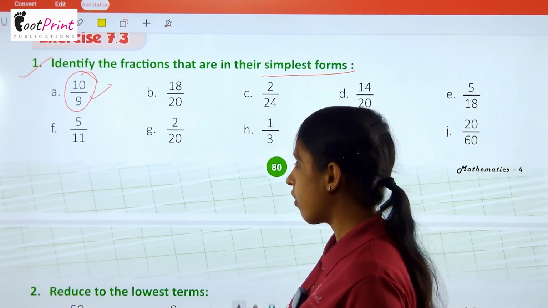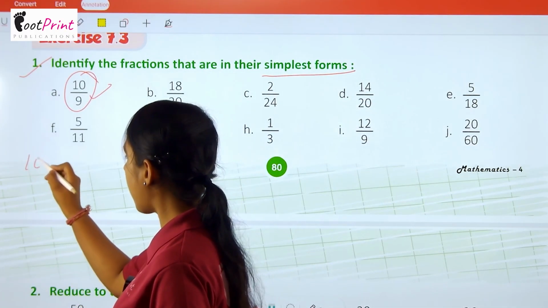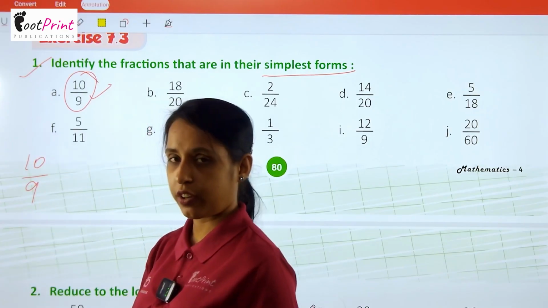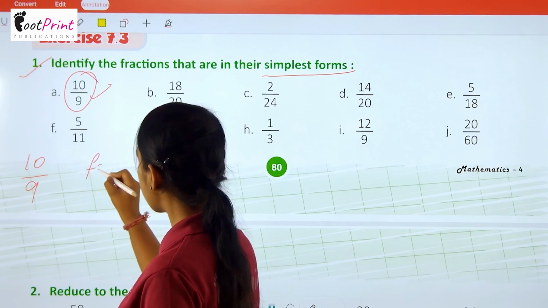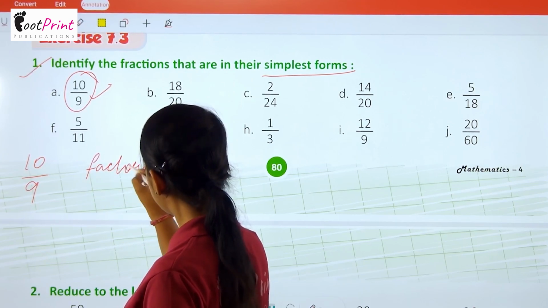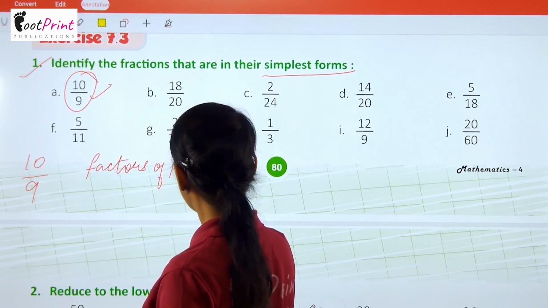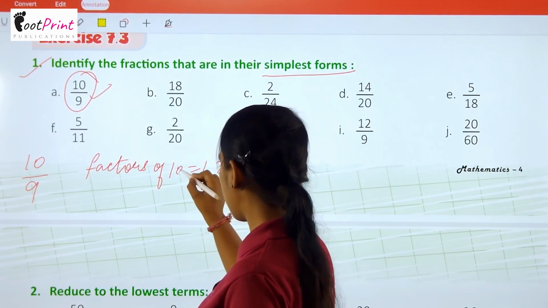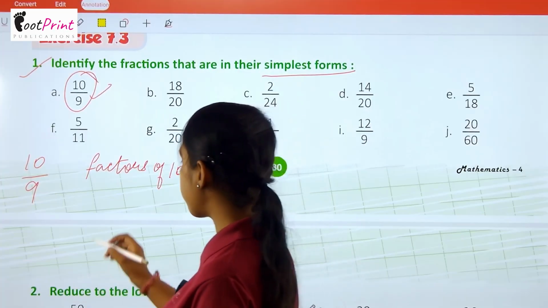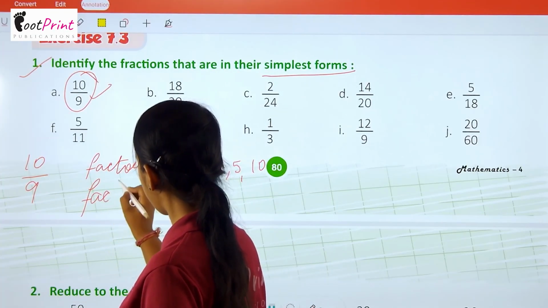So how will we find it? For 10 by 9, first we find out the factors of both numerator and denominator. So what are the factors of 10? Factors of 10 are 1, 2, 5 and 10. Okay, and now we will find the factors of 9.